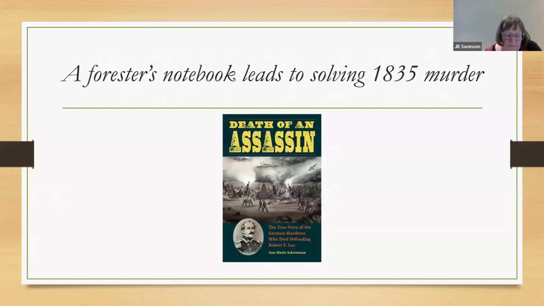Another example is Death of an Assassin. Anne Marie Ackerman, who is an American raised in Indiana, became a lawyer and lived in Washington State, ended up marrying a German, moved to Germany. Well, she's also been an ornithologist all of these years as her hobby, and writes about birds, and was doing research in her new home and came across a historic forester's journal, which led her to solve the mystery of the murder of a mayor in Germany by a man who fought with Robert E. Lee.